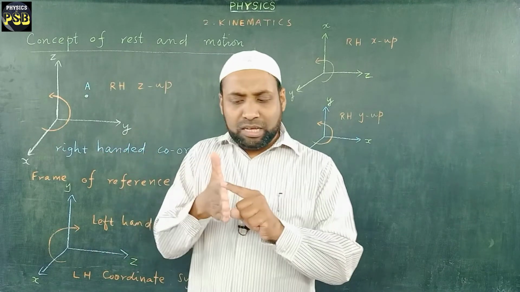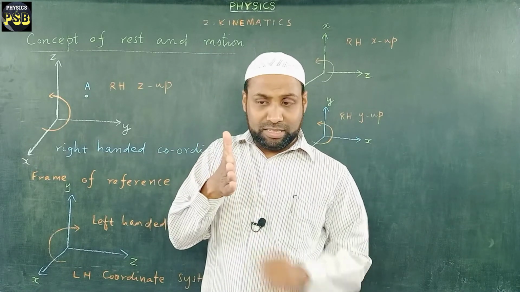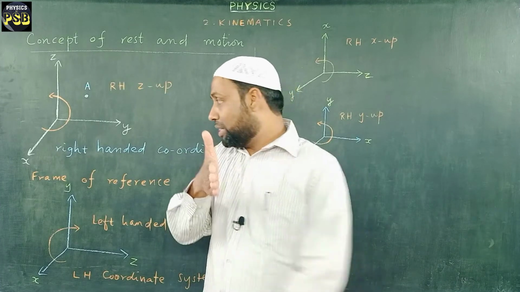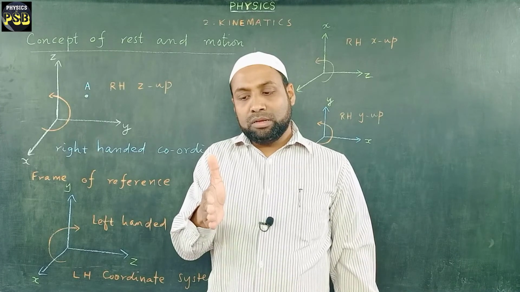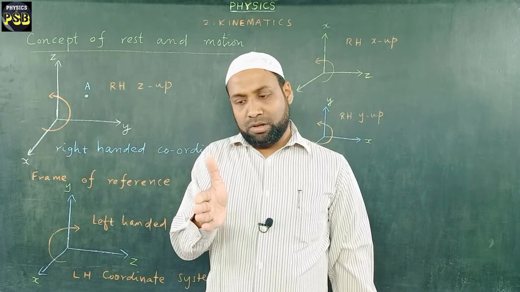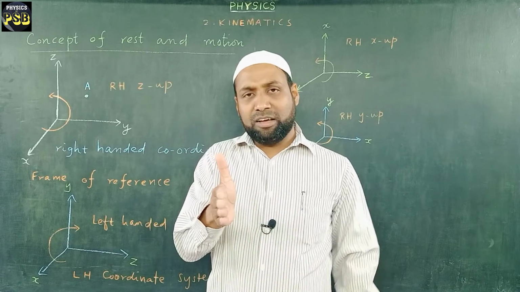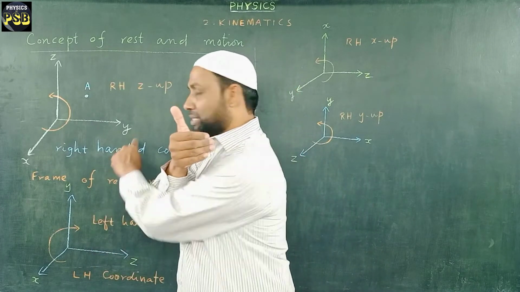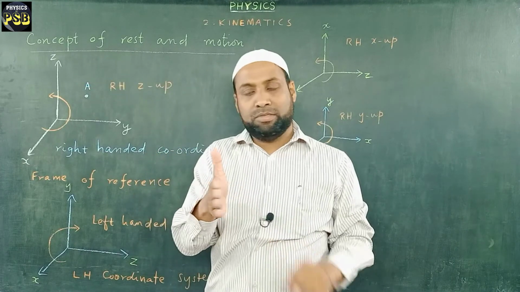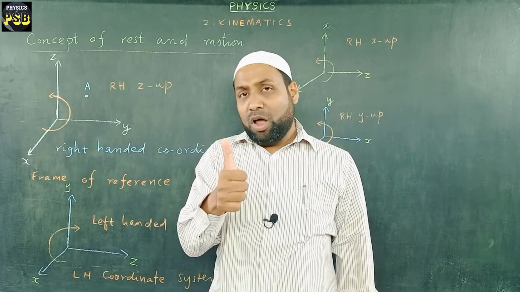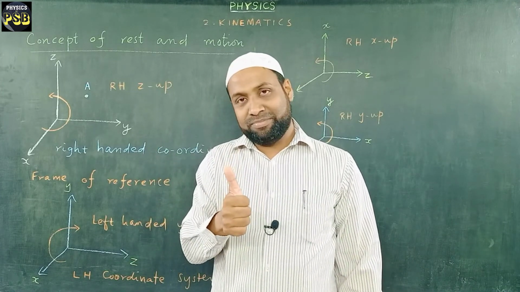So, if you place the 4 fingers of your right hand along the direction of the x-axis and close them, and now you move these fingers, you will find that these fingers move towards the y-axis and the thumb shows the z-axis. So we call this coordinate system a right-handed coordinate system. Clear?